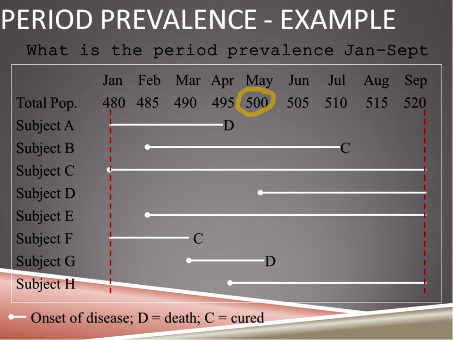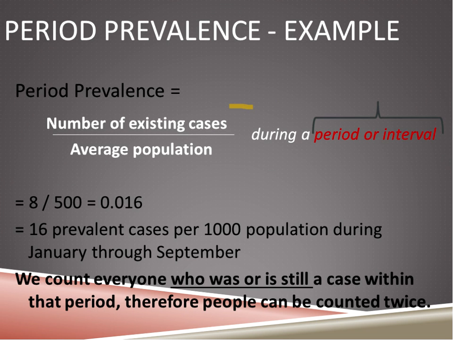So what's your period prevalence? Eight out of 500, or 0.016. That's 16 prevalent cases per 10,000 population from January through September. We count everyone who was or is still a case within that time period.